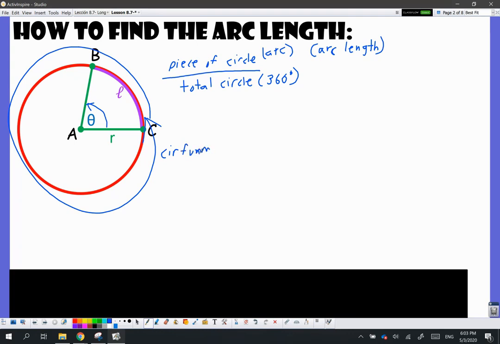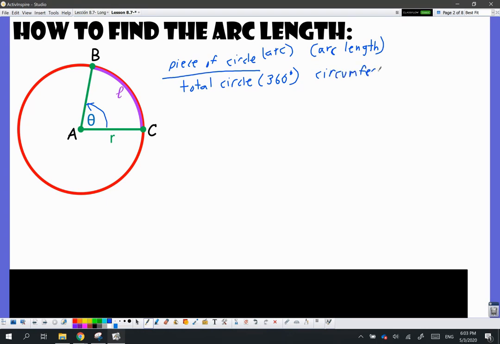So if we know the circumference, we can use that to compare with the arc length, and what do you know? We have a proportion. So let me erase some of this. And I could have the circumference be my total.